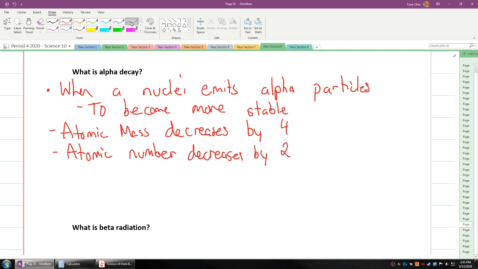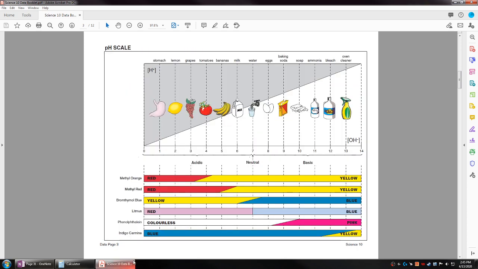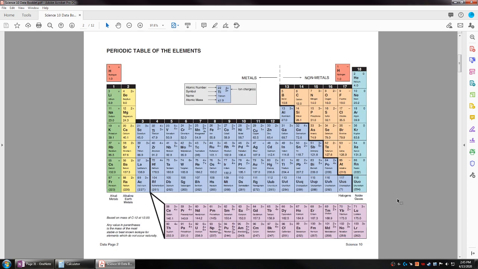So here's an example of this. Let's look at radium-226. So here's radium. Radium is a radioactive particle. It is number right here, 88.